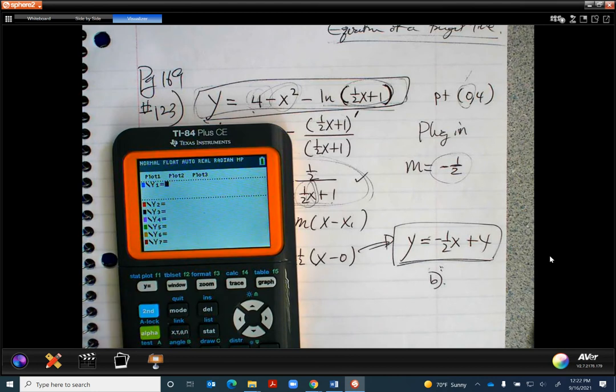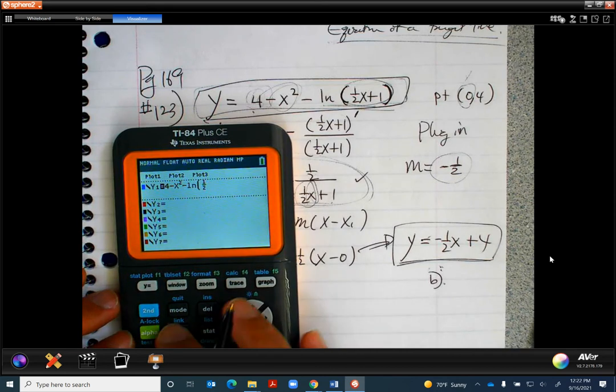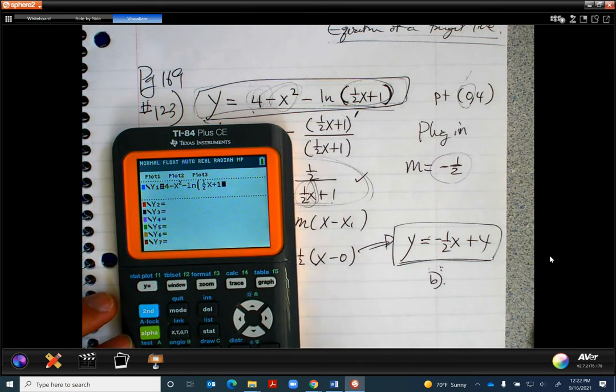So let's put 4 minus x squared minus ln parentheses, math fraction 1 over 2, x plus 1, close the parentheses.